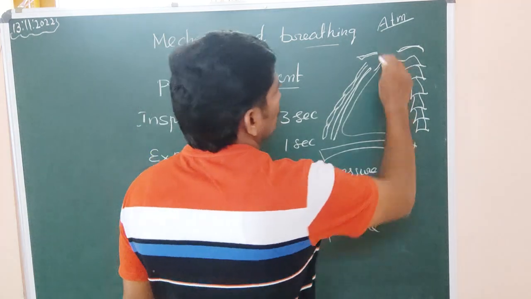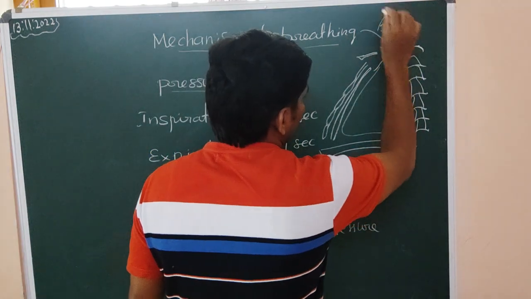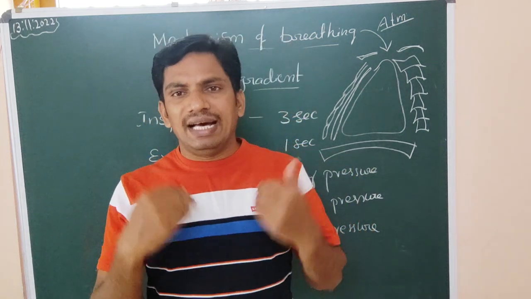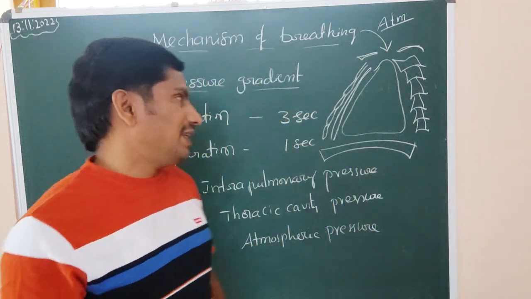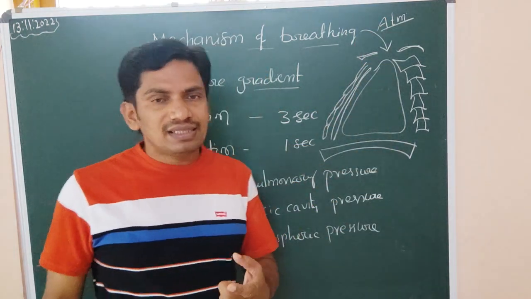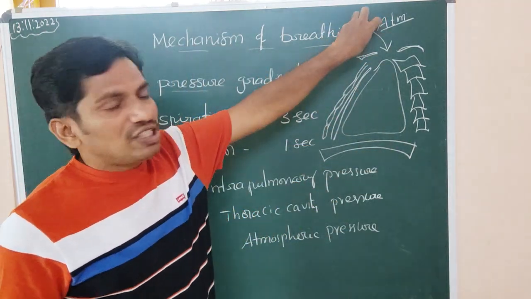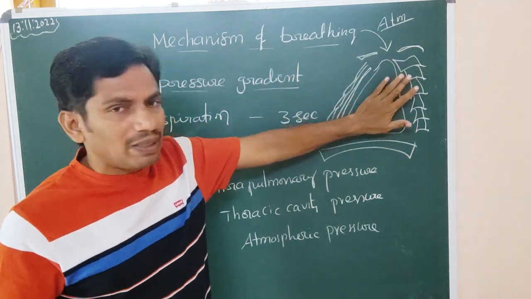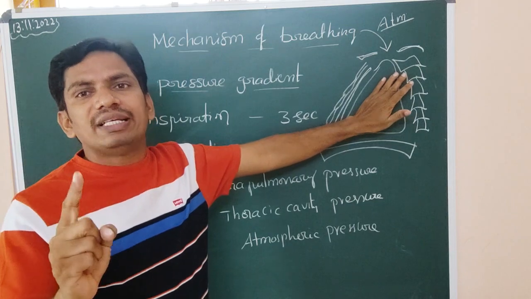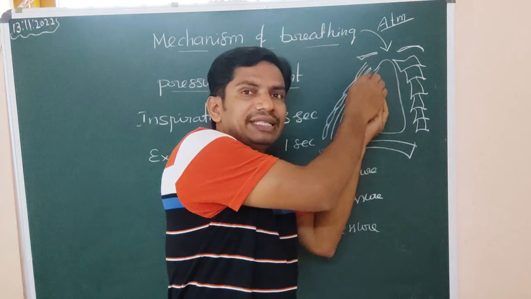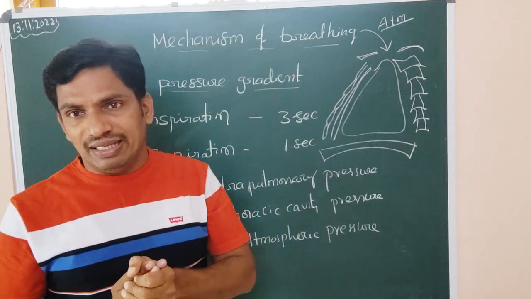Now here, during inspiration, there is simply intake of air inside. During inspiration, the air should rush inside. It means the atmospheric pressure should be more than the pulmonary pressure. Only then will it happen. Got it? The pressure should decrease at the lung level.